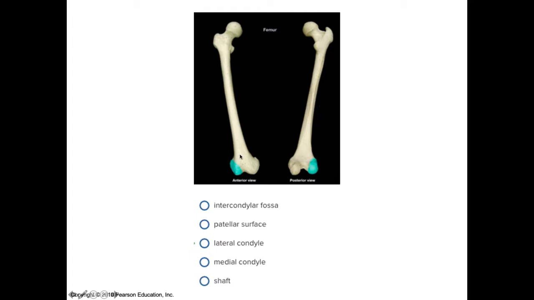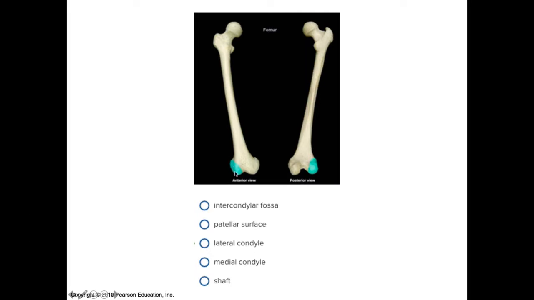This is the shaft. And then we have to figure out, all right, which condyle is it? Well, this is where your orientation of anatomical position comes into play. So this says it's the anterior view, and the head of the femur goes medially. So this ends up being the right femur. So this is medial, this is lateral.